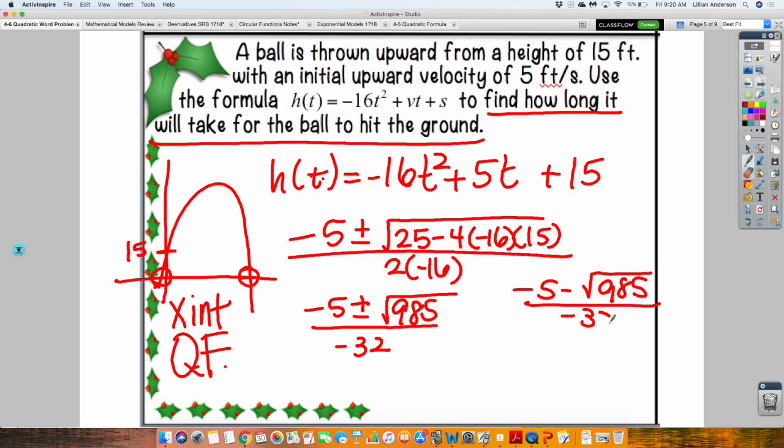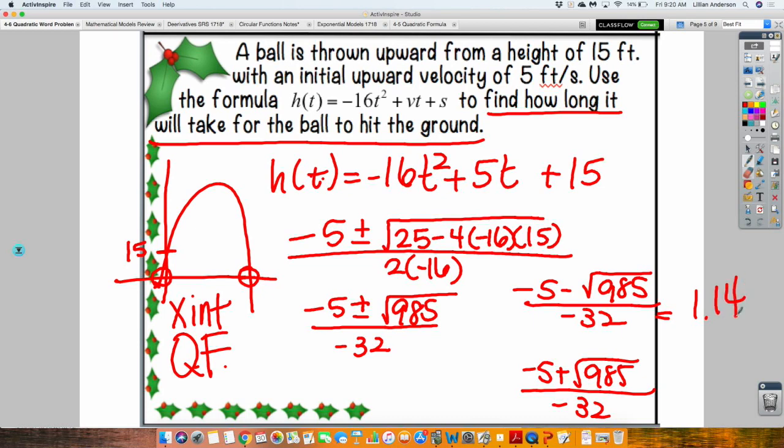What was the discriminant? 985. So what did you get when you subtracted them? When it was subtraction. Square root.